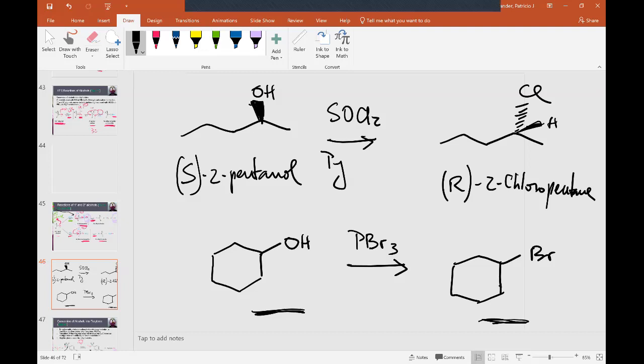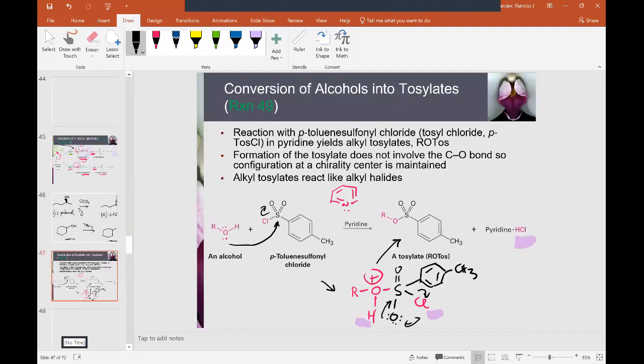So the next slide that I have here indicates the formation of the tosylate. The reagent that we need to use for preparation of the tosylate is the so-called para-toluenesulfonyl chloride.